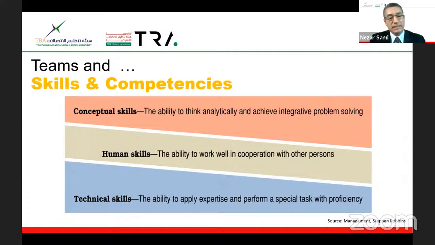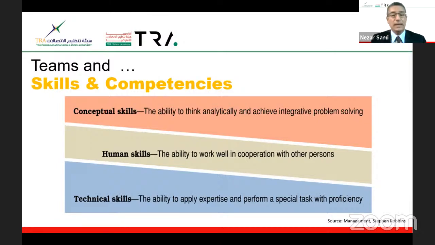Last but not least is the conceptual skills. Conceptual skills, it means the high level of thinking. So it's all about concept. Okay, I have analytical skills. I have some sort of capability to solve problem. The marketing guy may have problems in dealing with day-to-day operation.